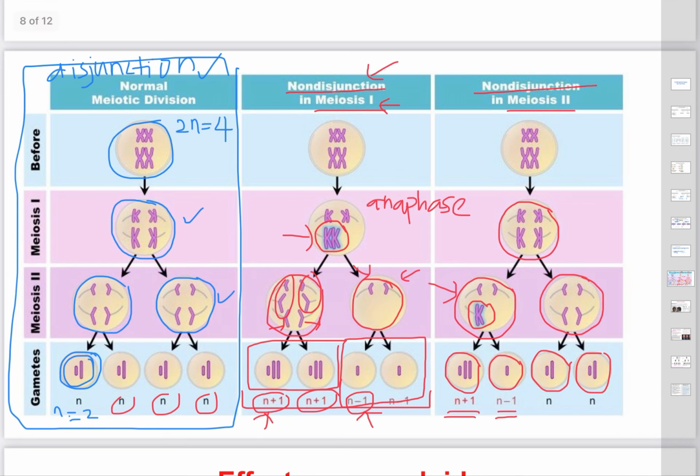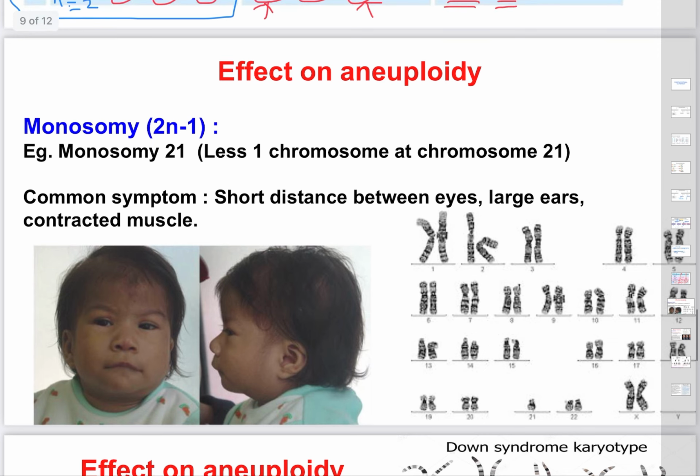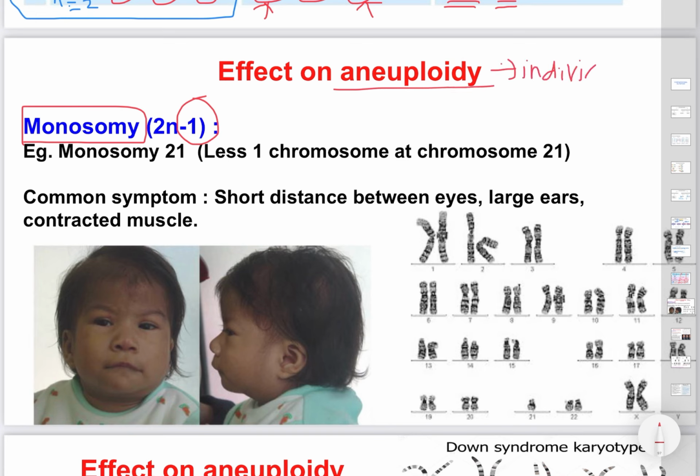So, kesan daripada non-disjunction ini berlaku, okay, adalah keadaan penyakit yang kita panggil monosomi, iaitu dia kurang satu kromosom. Okay. Aneuploidy tadi kita cakap dia affect individual kromosom. Maksudnya dia affect salah satu kromosom sahaja pada kita punya human kromosom.